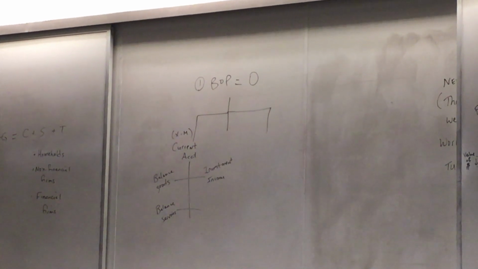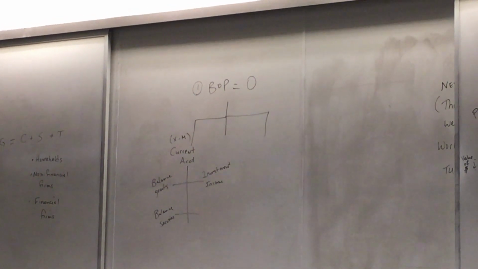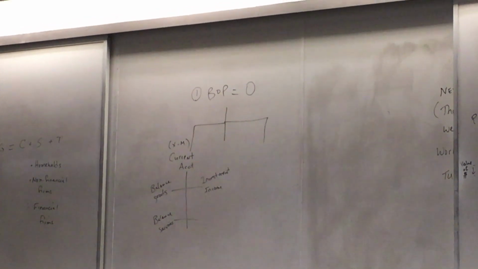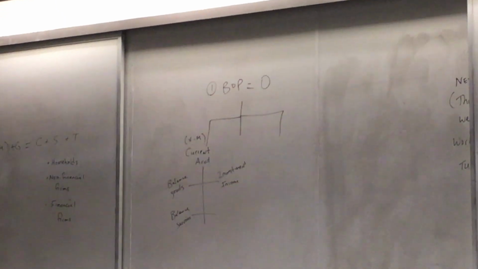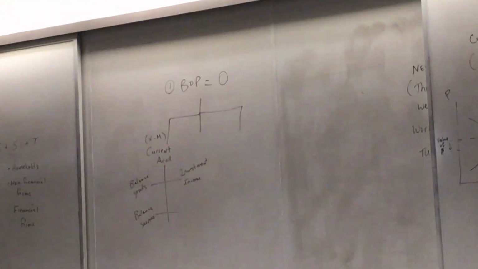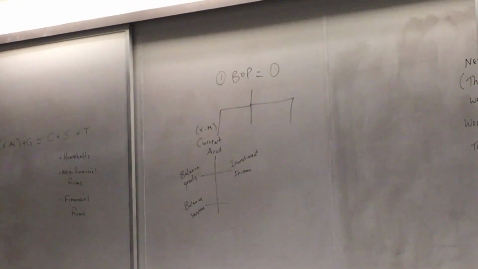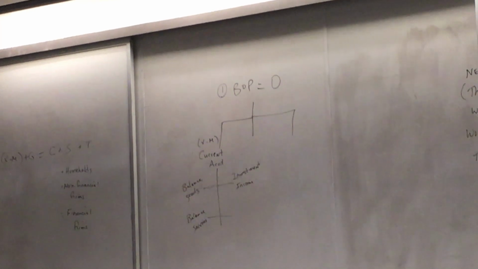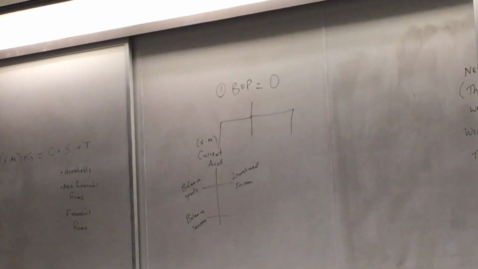So in the past, an American has bought stocks and gets dividends on those stocks. That's investment income coming in. The Chinese have bought American government debt and we pay them their 2%. That's investment income going out. So that's the income on investments that have already been made. Everybody clear on that?